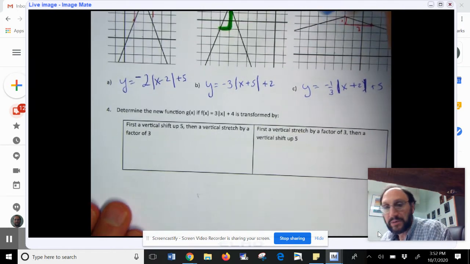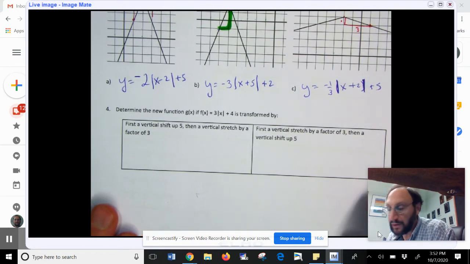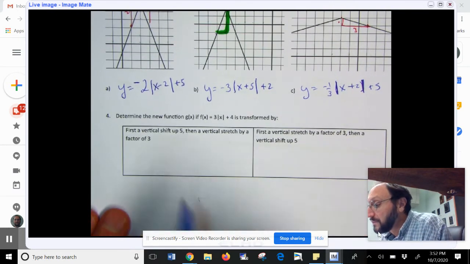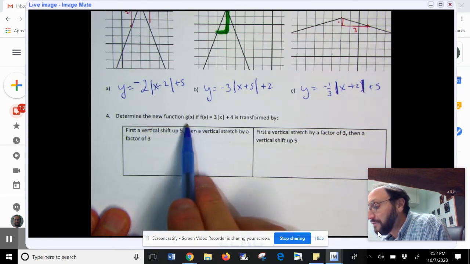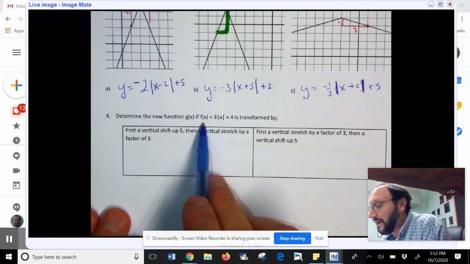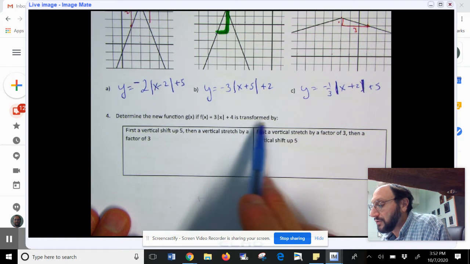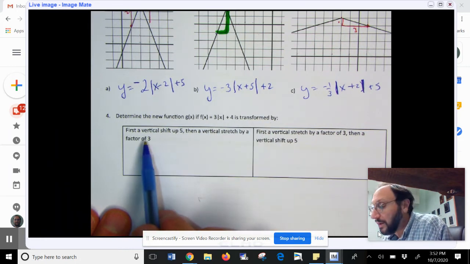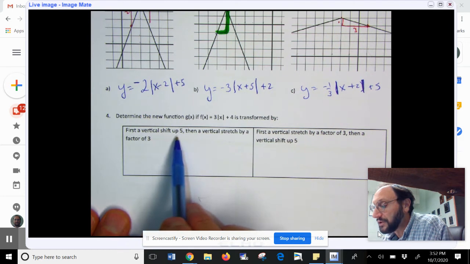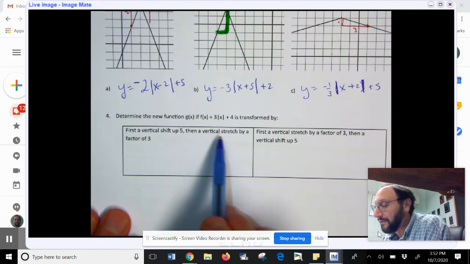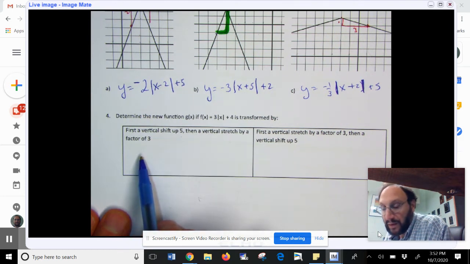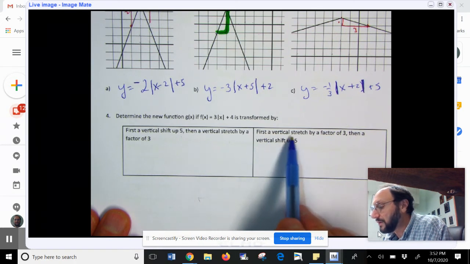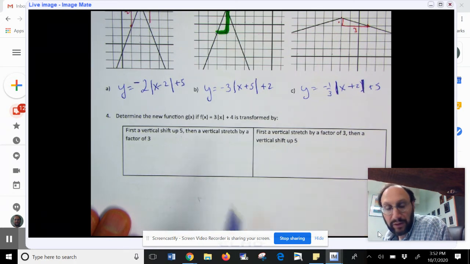Okay, I might as well do 3 and 4 together since that was fairly short, hopefully short. Determine the new function g of x if f of x equals this thing transformed by, and these are the same problem except in a different order. The first one says first a vertical shift up by 5, then a vertical stretch by 3, versus first a vertical stretch by 3, then a vertical shift up.